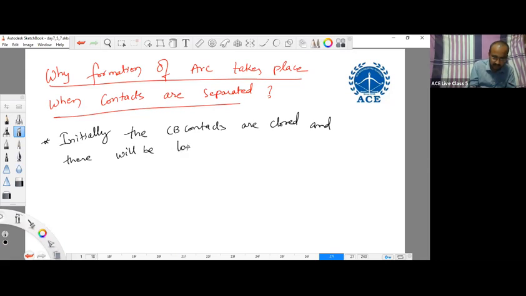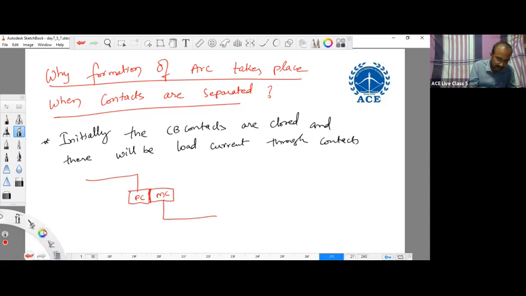The circuit breaker consists of a fixed contact and a moving contact. Initially the contacts are closed, and there is a load current through the contacts.